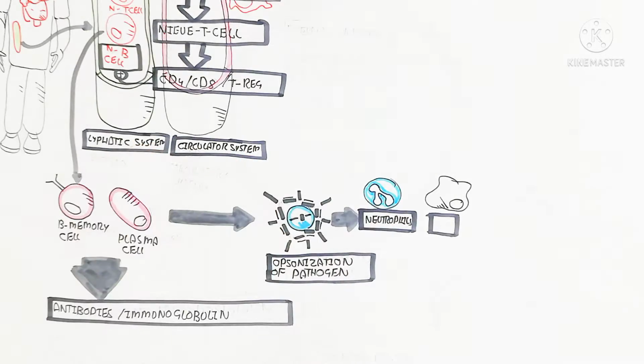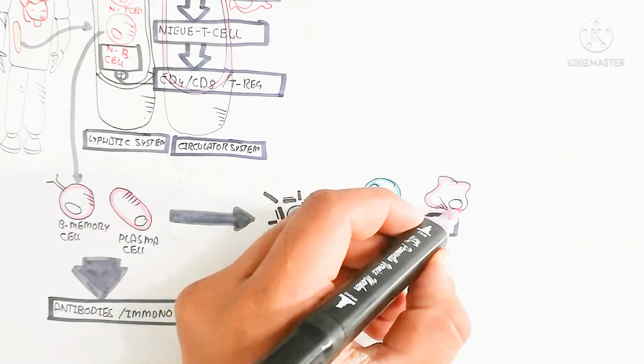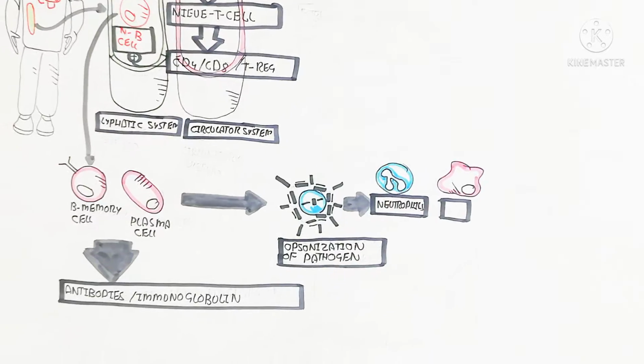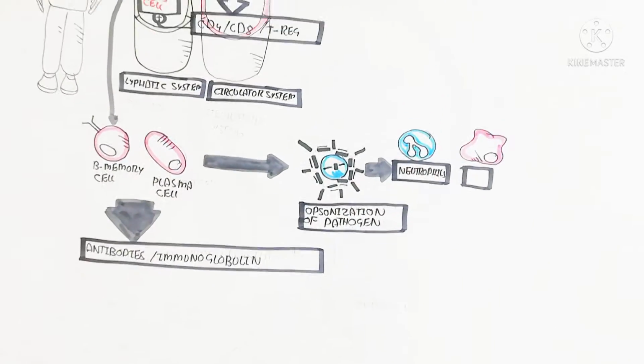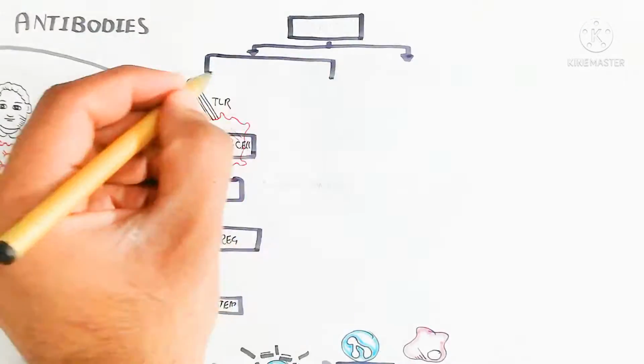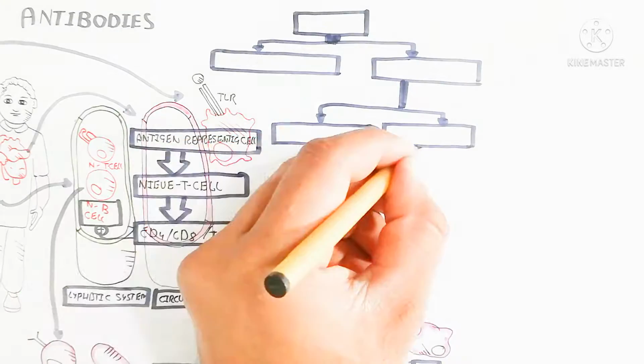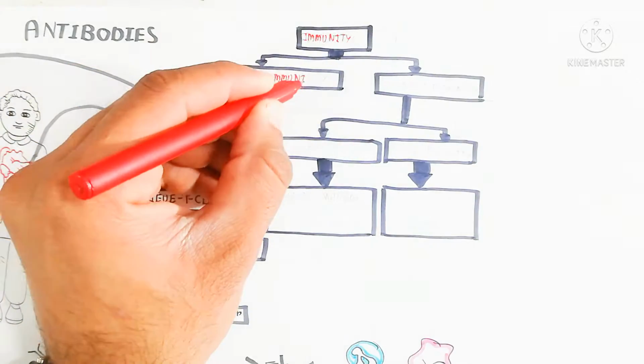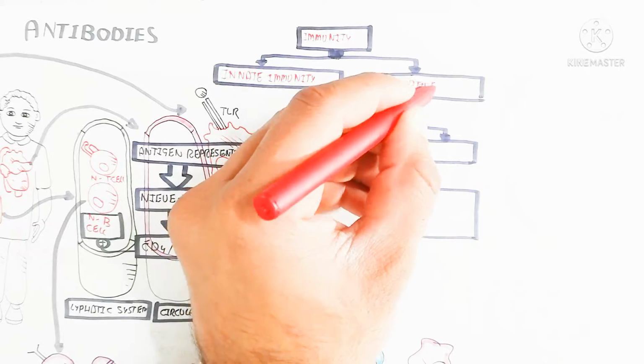After this neutralization, the macrophage will eat it. Macro means bigger, phage means eater. So that big eater will eat and clear the pathogen.